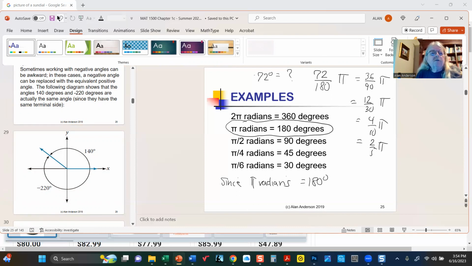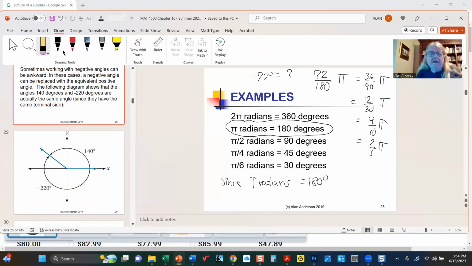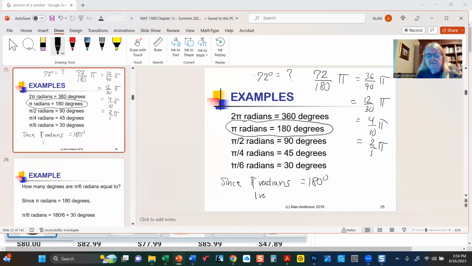So in other words, what I was trying to get at here is that 1 radian, so if you take 180 and divide by 3.141, etc., it's approximately 57 degrees.